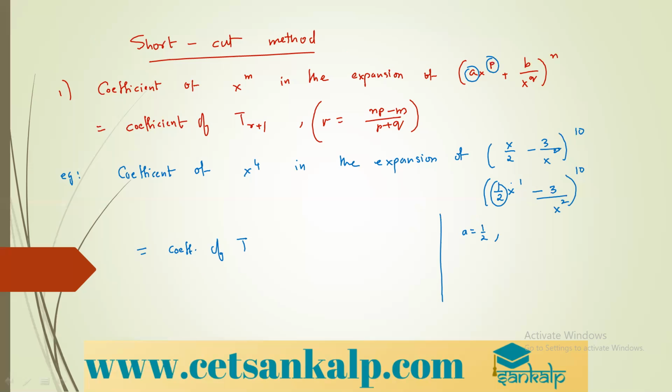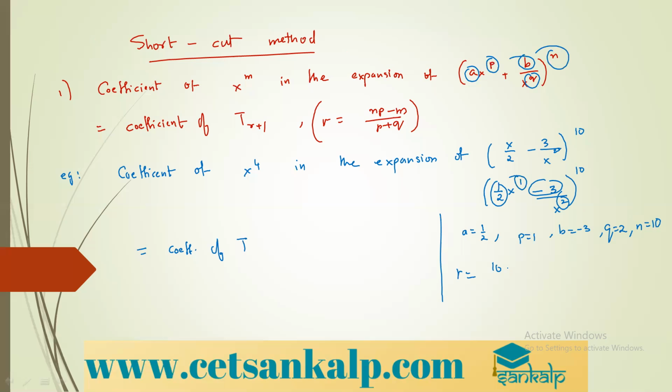Then p in the formula is 1. Next, b in the formula is −3. q in the formula is 2. Lastly, n in the formula is 10. With the help of this, I can find r.